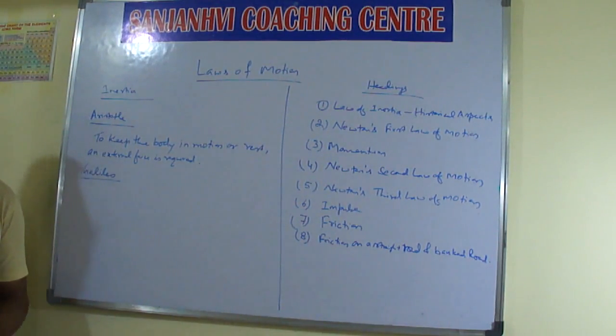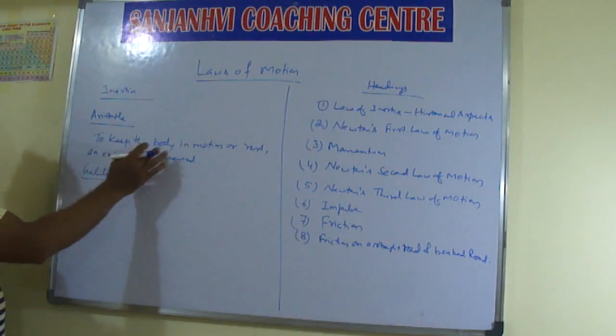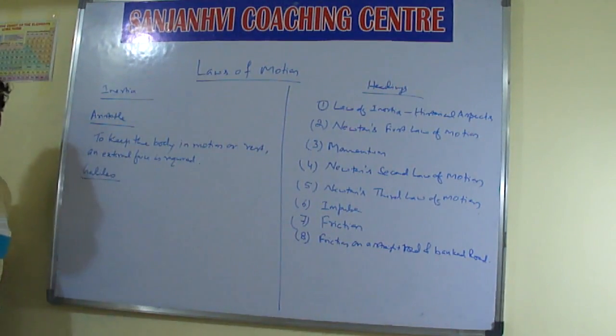And that is the only funda behind why planets revolve around the sun, and why the moon is revolving around the earth. Correct? So Galileo told that to keep the body in motion or rest, external force is not required. Only to accelerate the body, external force is required.